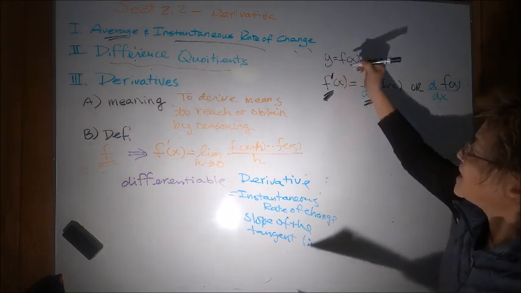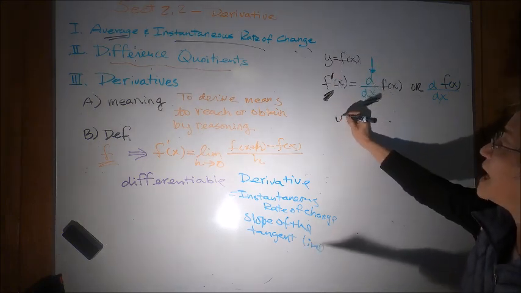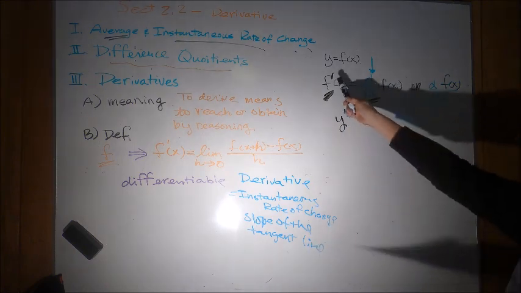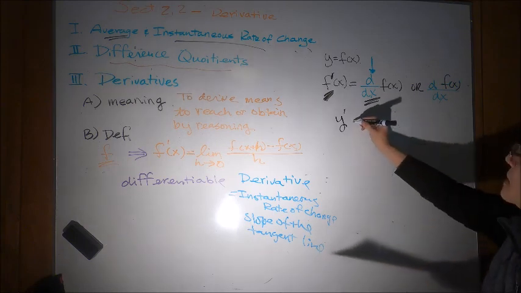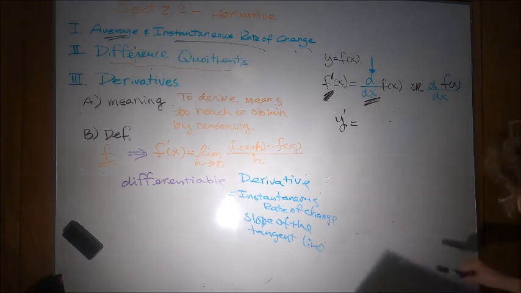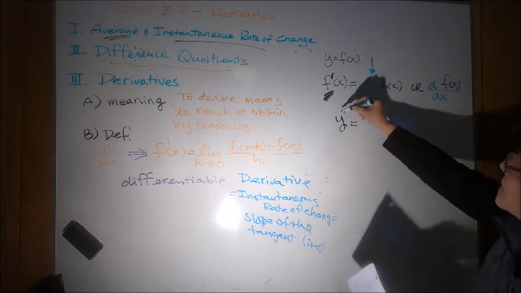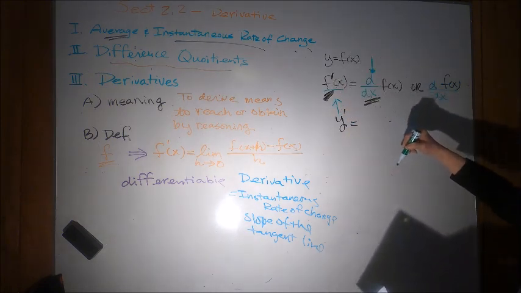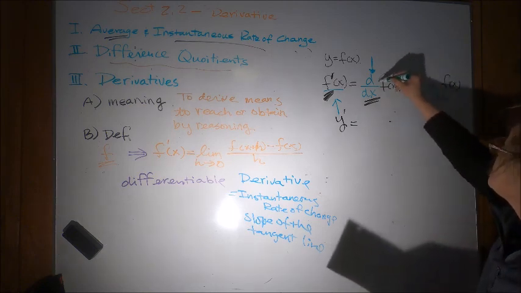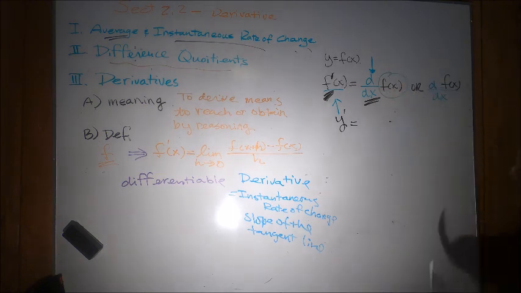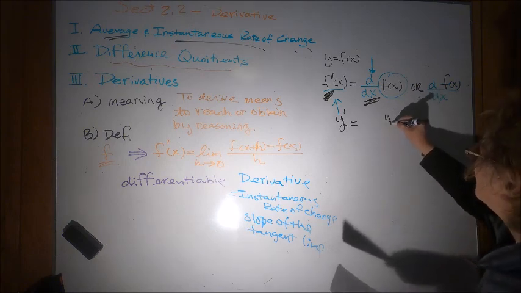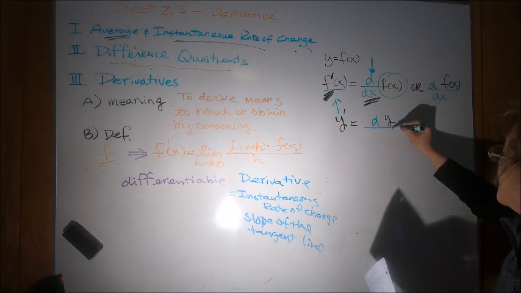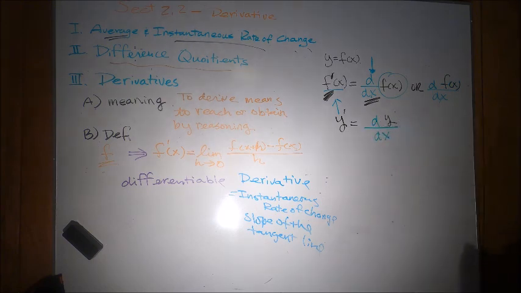We say f of x actually is y, right? Then we use this prime notation as the derivative. If f of x is y, then you use y prime, right? Then you put dy over dx.